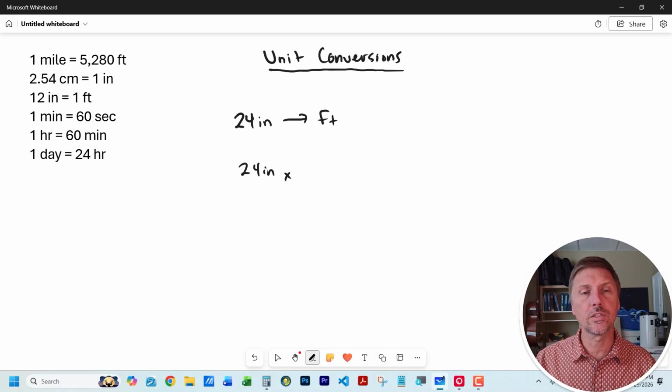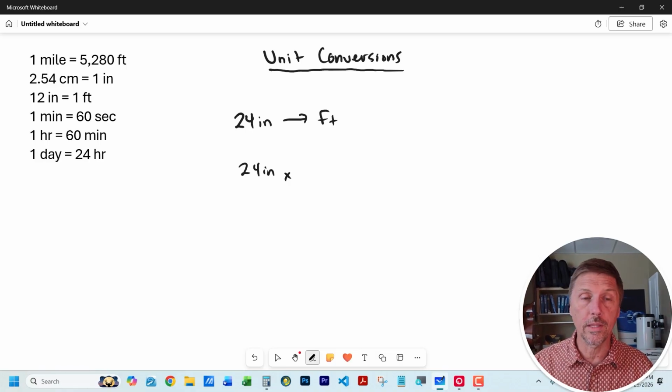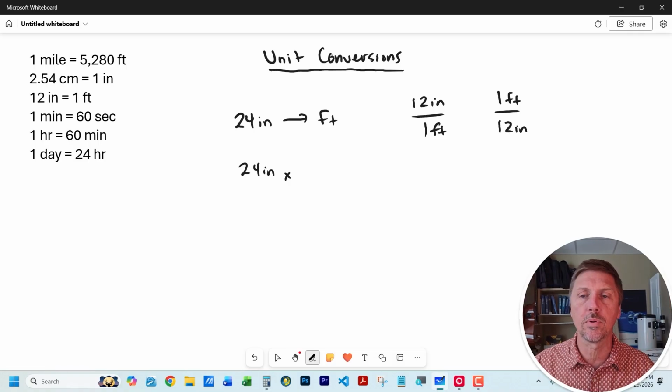Remember, we can do this because we're going to put one value over another value, and those two values are equal to one another, so it's effectively 1 that we're multiplying by. So what do we want to put on top? Do we want to multiply by 12 inches over 1 foot? That's equivalent to 1, since those are equal to one another. But so is 1 foot over 12 inches. Which one do we want to put on top?